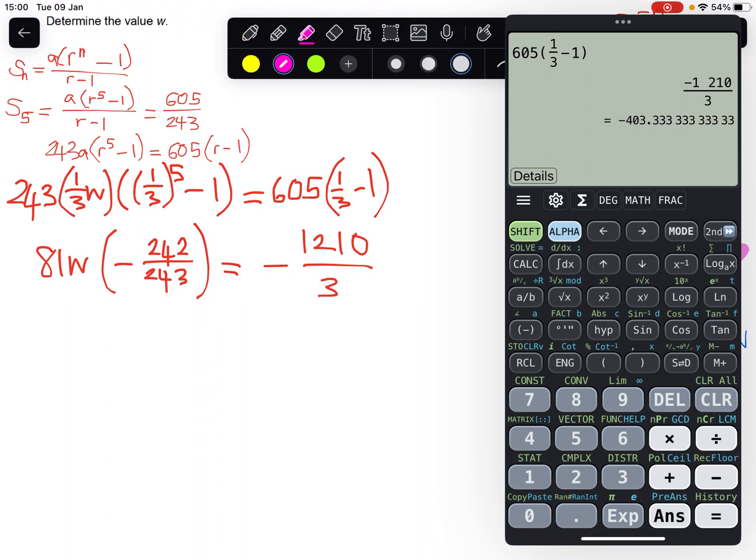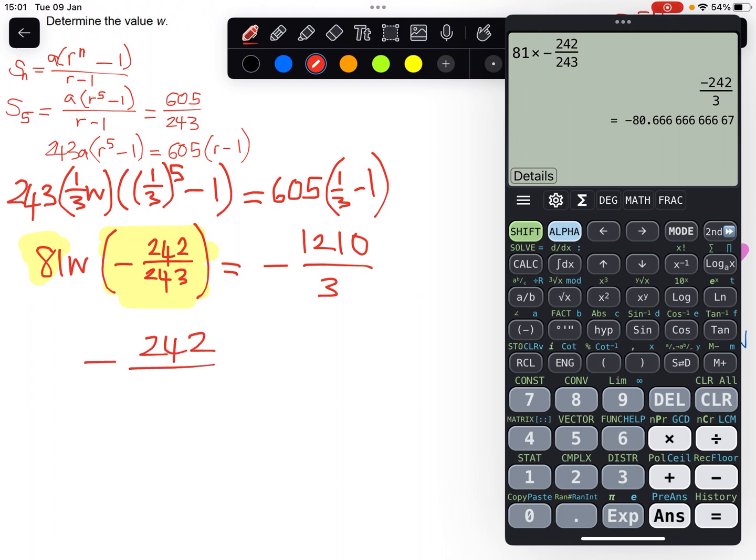And then on the left-hand side, I'm going to multiply 81 with negative 242 over 243. All right, and that gives us negative 242 over 3. W is equal to negative 1,210 divided by 3.